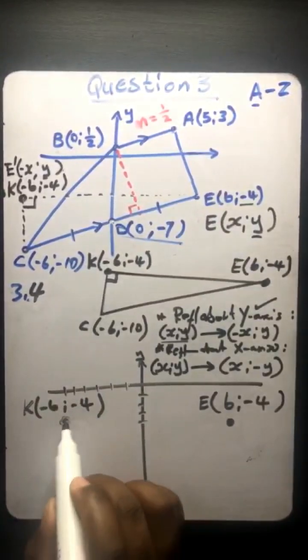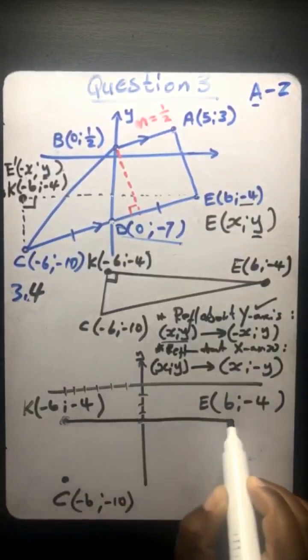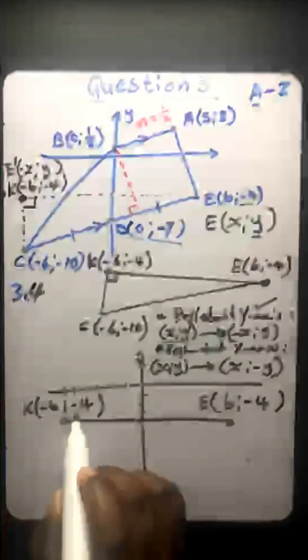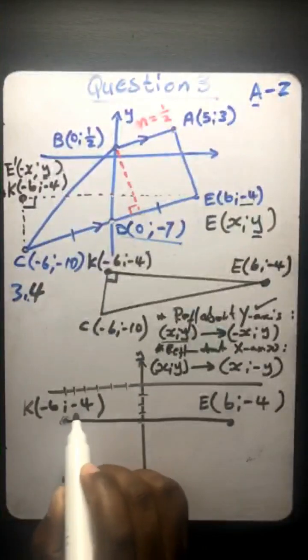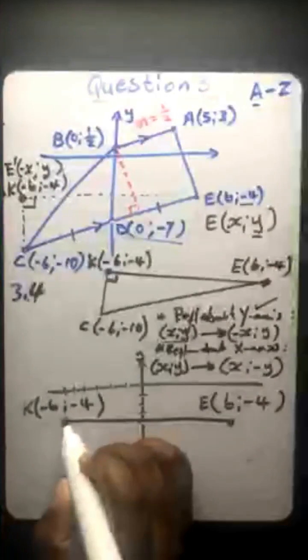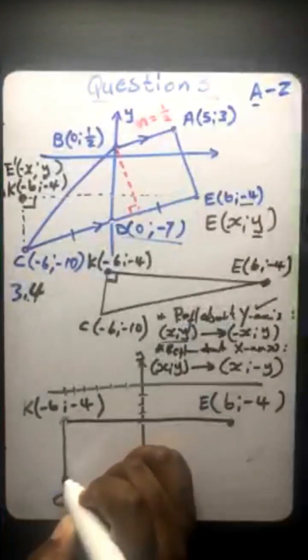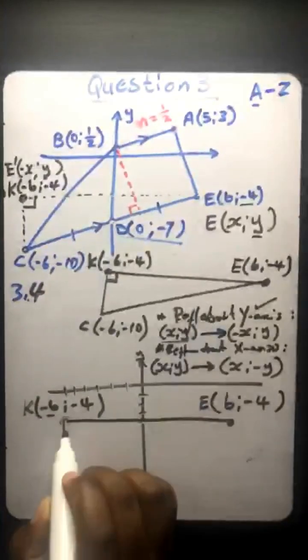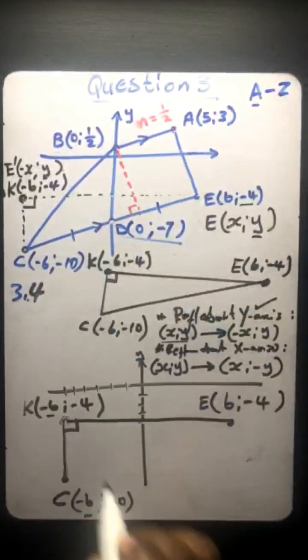So can you see, this reflection reflects along that straight line there, because it is at where y is -4. And then also it lies directly above that point because they share the same x value. That is why I'm saying it forms a 90-degree angle there.